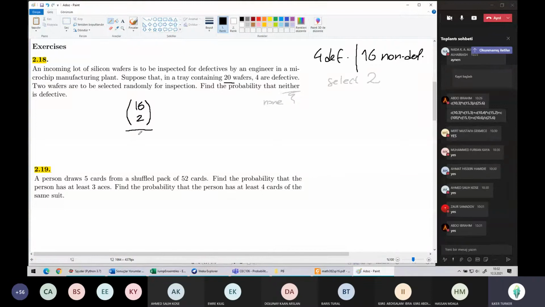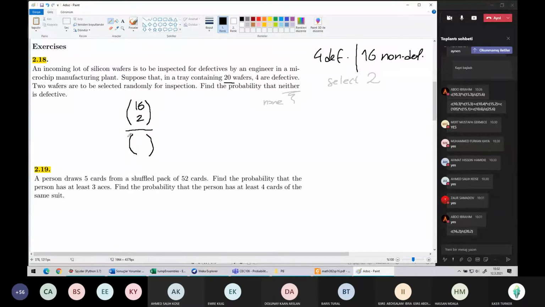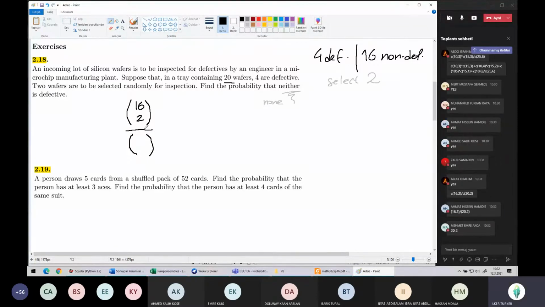But our sample space is what? What is my sample space here? Yes, 20 combination 2 is my sample space. Okay.